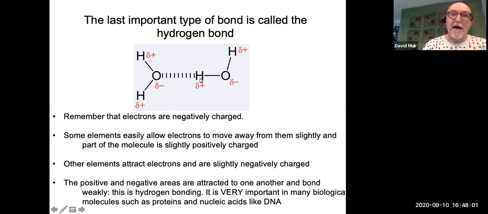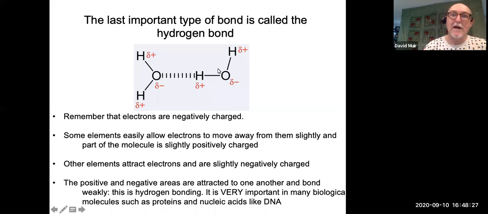Here's the oxygen. It's got a hydrogen there, but it so powerfully attracts the electrons that the electrons spend more time around the oxygen than they do around the hydrogens. Remember that the electrons here are just circulating all the way around all of its components in a cloud. But they zip around the hydrogen and they spend a longer time around the oxygen.